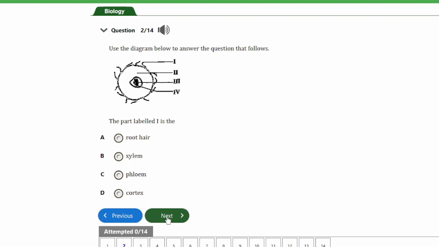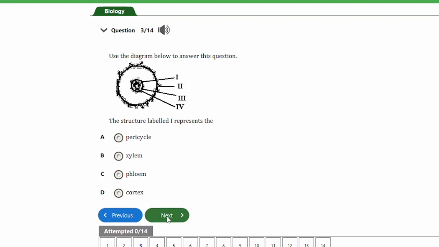So guys, the answer to this question is option A, and that's the root hair. So let's look at the next question. Question number 3, it says, the structure labeled I represents the A, pericycle, B, xylem, C, phloem, and D, cortex. So guys, the answer to this question is option A, and that's the pericycle.